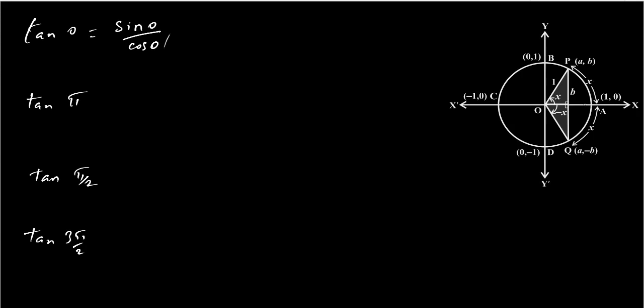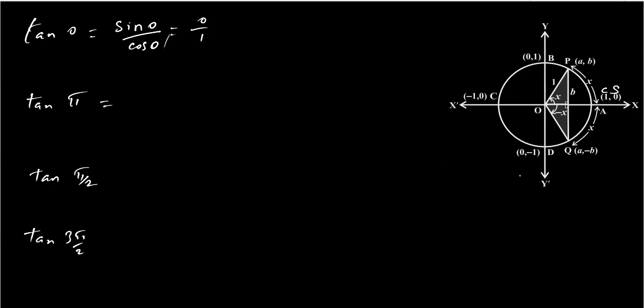The angle 0 has the initial ray and final ray at the same place. At this point cos 0 is 1 and sine 0 is 0. So sine 0 is 0, cos 0 is 1.